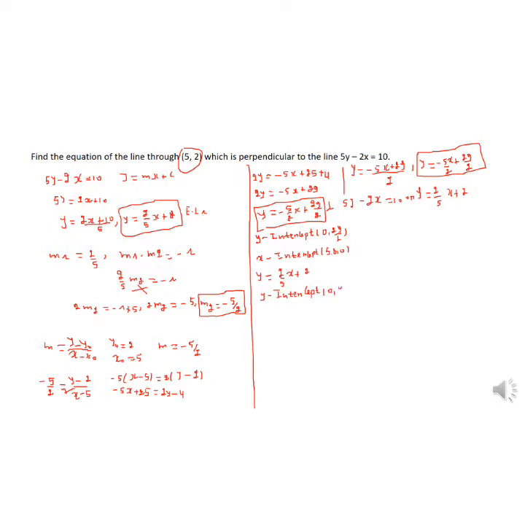Okay, so now about the x-intercept, here we get negative 25 because y is equal to 0.